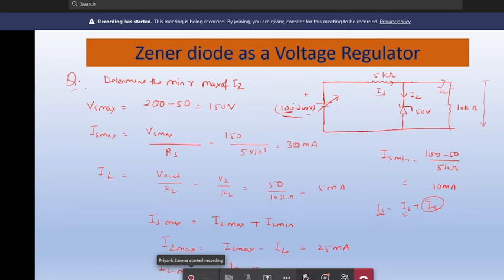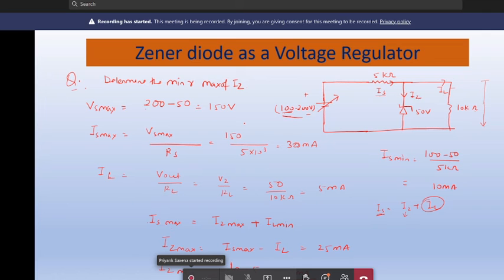Yes, sir. So you can determine Vs max. What is the value of Vs max? Vs max will be how much? 150 volt.